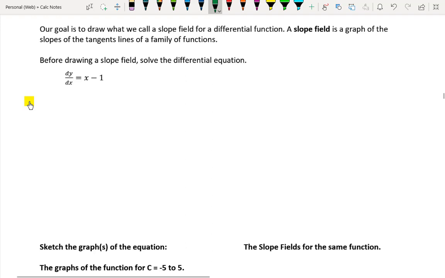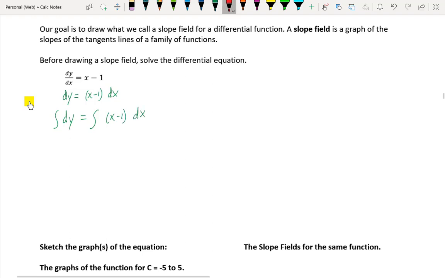And so we're going to separate our variables here. So I'm going to bring the dx over to the right side. That's going to leave me dy equals x minus 1 dx. Okay, so I'll integrate both sides just like we've been doing the last couple of days. Integral of dy equals the integral of x minus 1 dx.